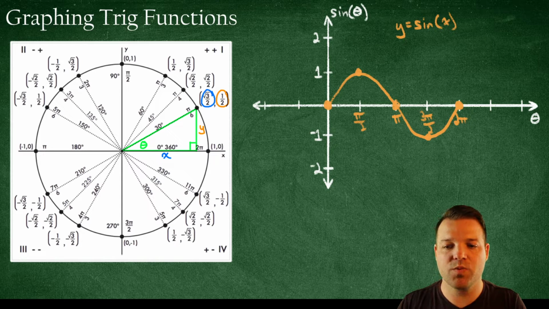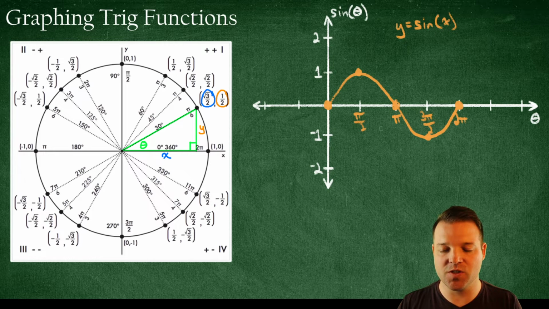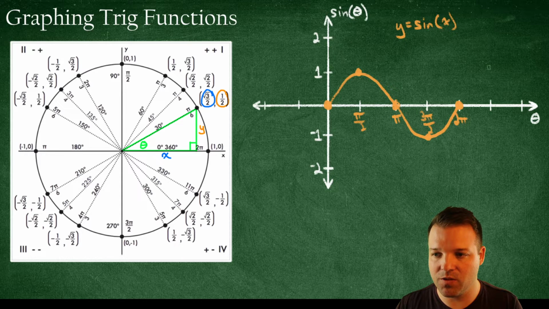Now, this represents one cycle, right? Because this has a period of 2 pi. However, you should keep going, because this thing goes on forever, right? So I'm going to leave these labeled as is, but I am going to continue this by putting in a little dotted line just to show that this does keep going on forever.